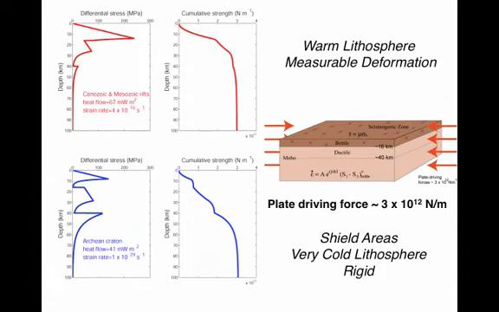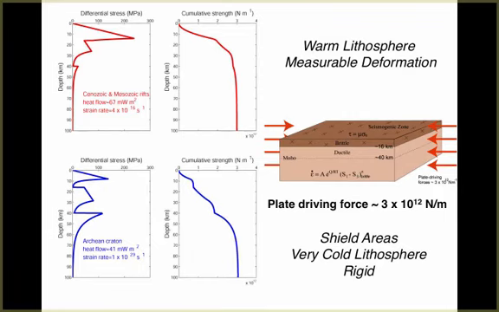Now, again, looking at these strength profiles, if we consider an area like Cenozoic and Mesozoic rifts with elevated heat flows somewhere around 70 milliwatts per meter squared, this is warm lithosphere with measurable deformation. You'll see that we do have this weakened lower crust and a stronger upper crust.